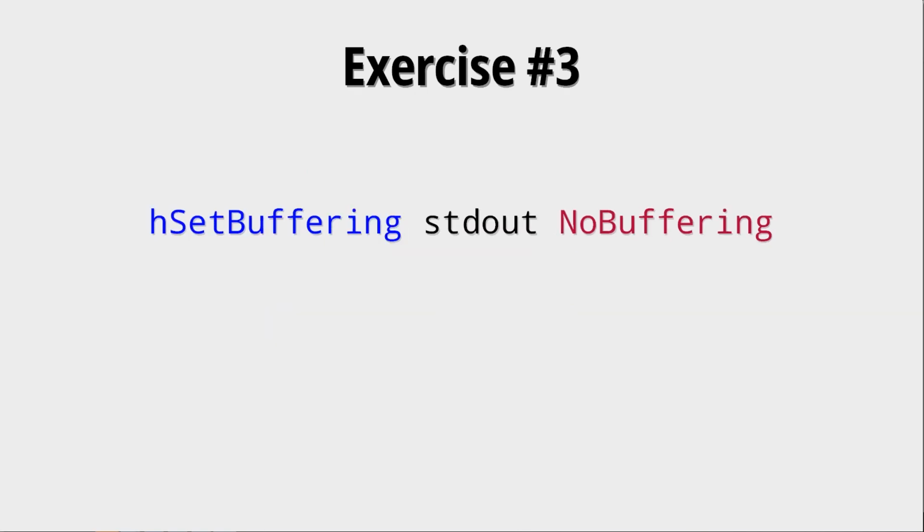One tip I have for you is to use this function right at the beginning of your program: hSetBuffering stdout NoBuffering. What does that mean? Well, imagine you have a putStrLn before a getLine because you want to tell the user to input something. It could be that your program is buffering the output of this string and is waiting for user input before it actually writes this message to standard output.